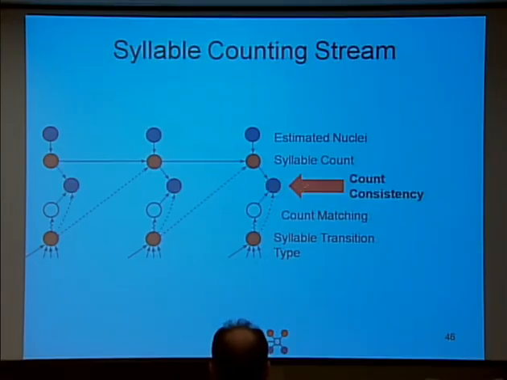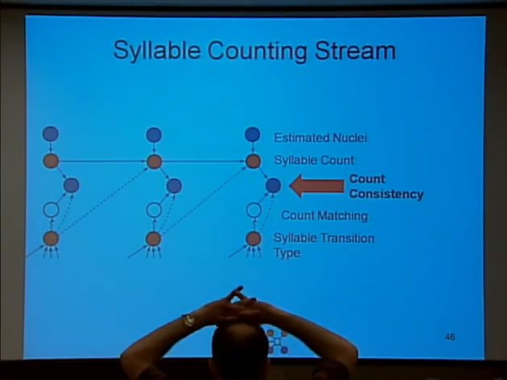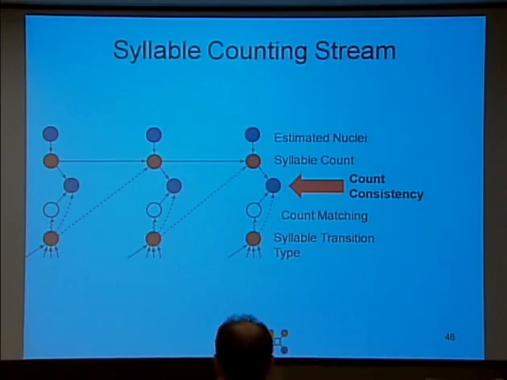And finally, we have the count consistency variable. Without this variable, this would just be floating. It would never affect the model. What this does is whenever the syllable transition type goes into any of the transitions, meaning it's not no transition, it's a constraint that forces the syllable count to match the count matching.